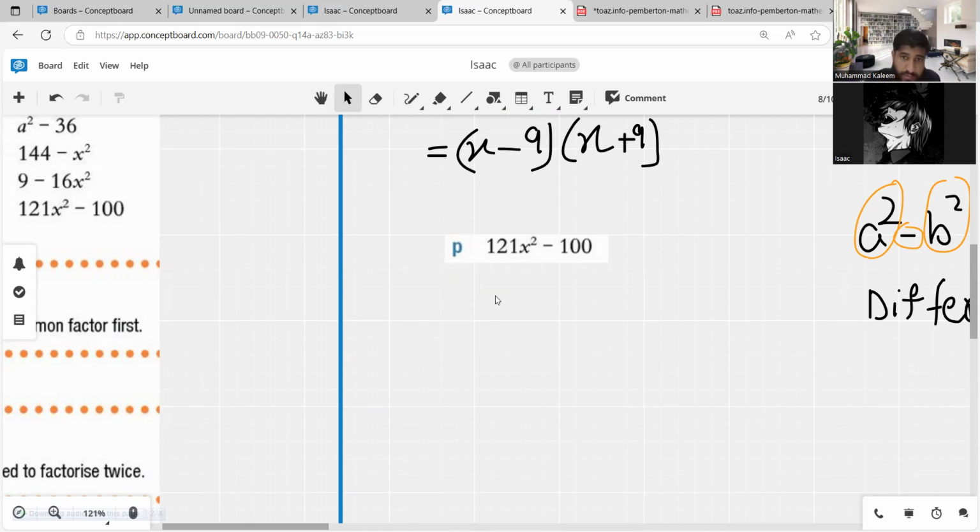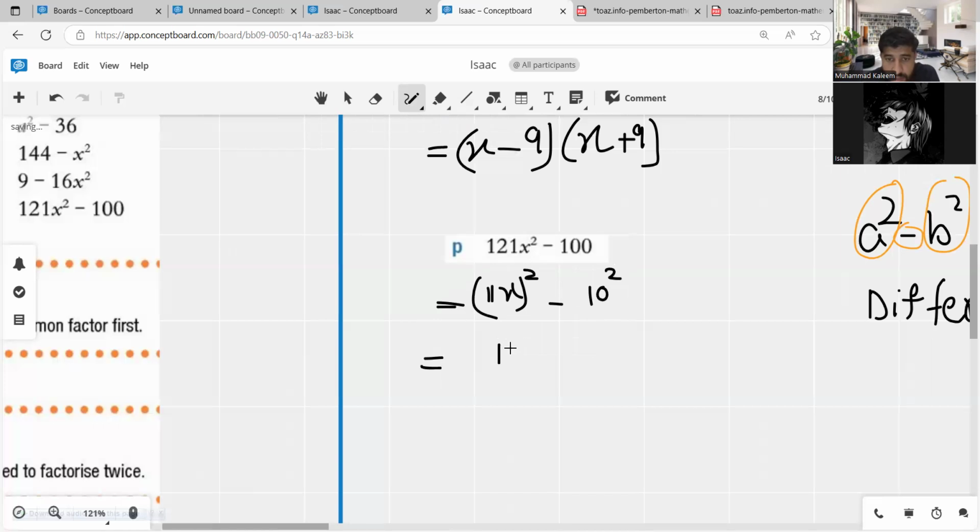Difference of square numbers. So we can implement that one. 121 is also a square number. It's 11 squared. So I can combine it with x square, and it will be written as 11x whole square. And 100 is the very well-known square of 10.